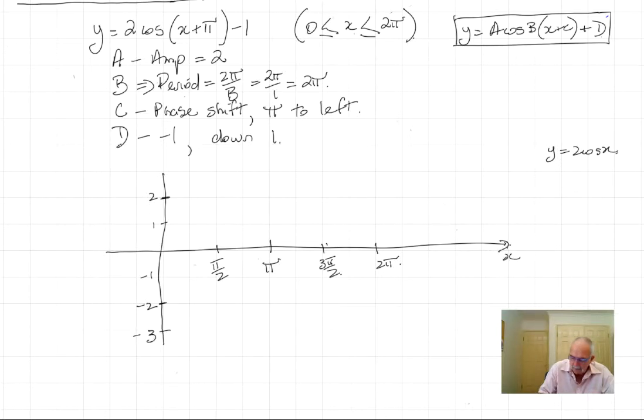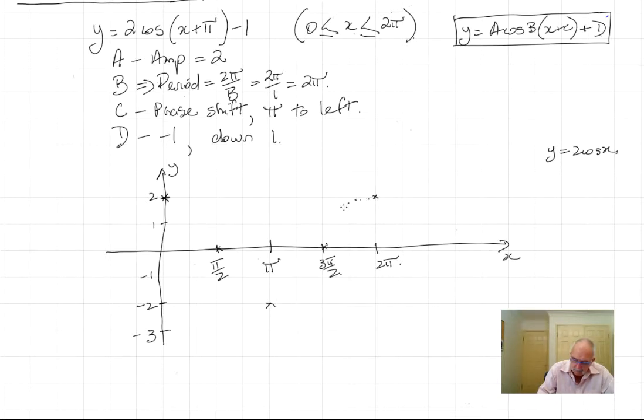So here's my x, here's my y. And now if you're just doing it in black and white, which I'll do this one in black and white rather than use colour, just to show you, you could actually dot the line. So it's a cos graph. Cos normally starts at 1, but because this one has an amplitude of 2, we're going to actually start there. It's going to go through there, down to -2, come back up again and go up to there.